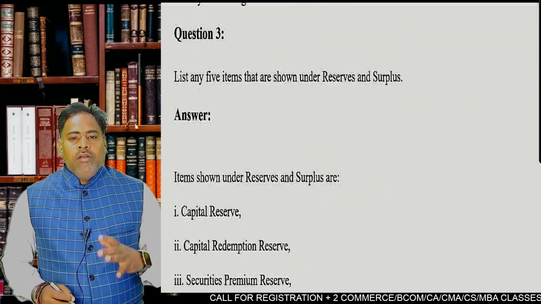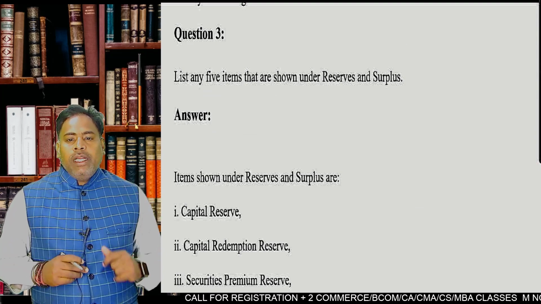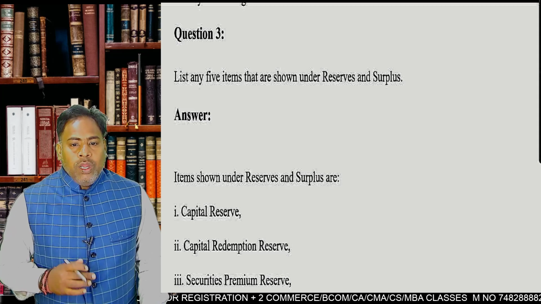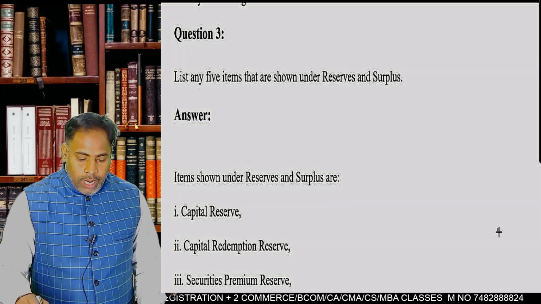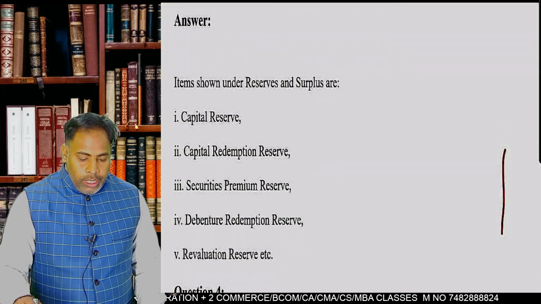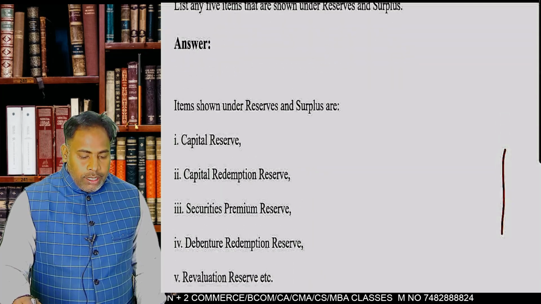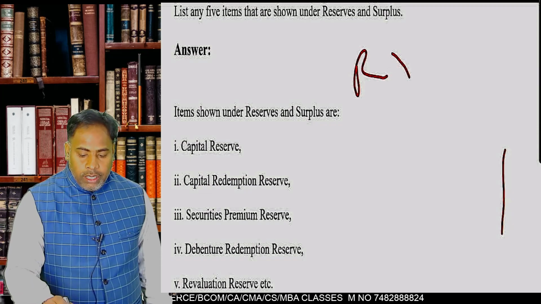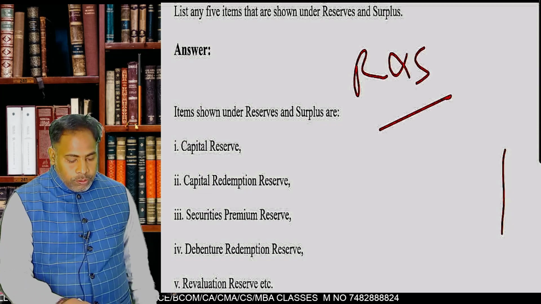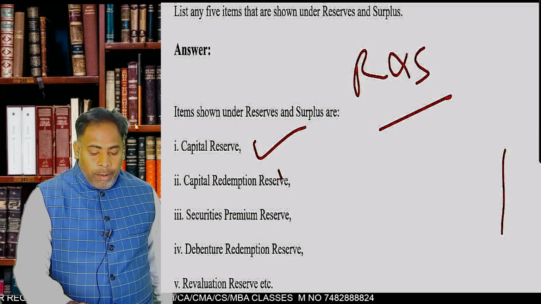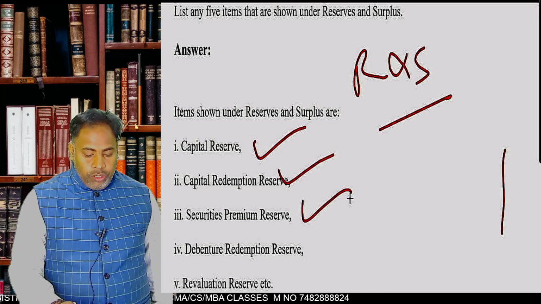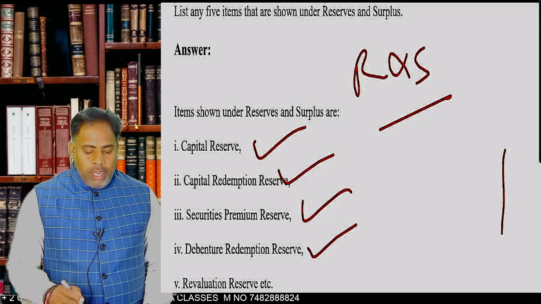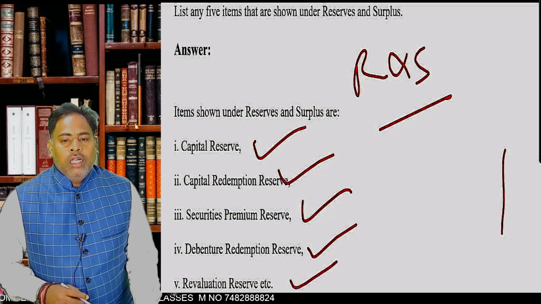Then question 3. List any 5 items that are shown under reserve and surplus. So under reserve and surplus, what things can you write in the balance sheet? Generally, reserve and surplus include capital reserve, capital redemption reserve, securities premium reserve, debenture redemption reserve and revaluation reserve.